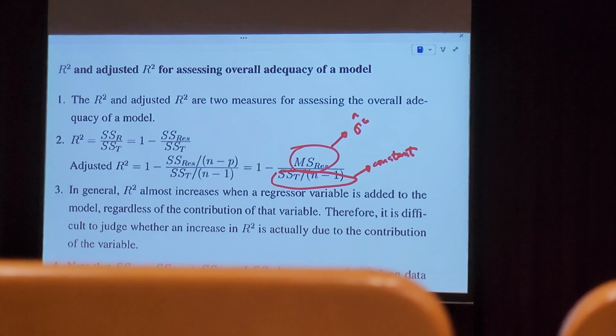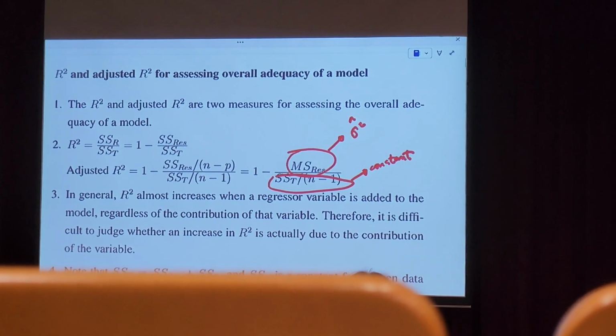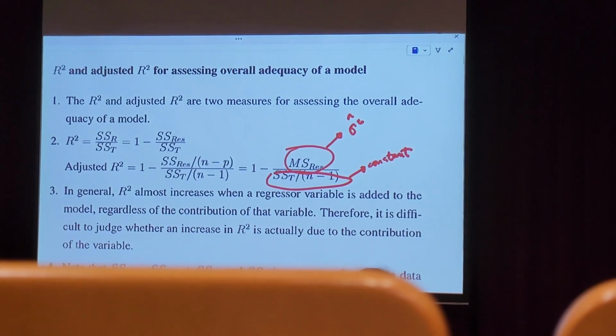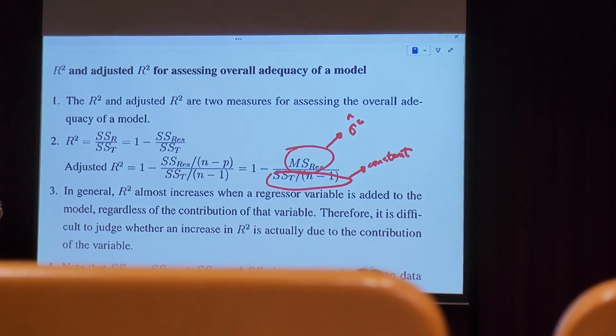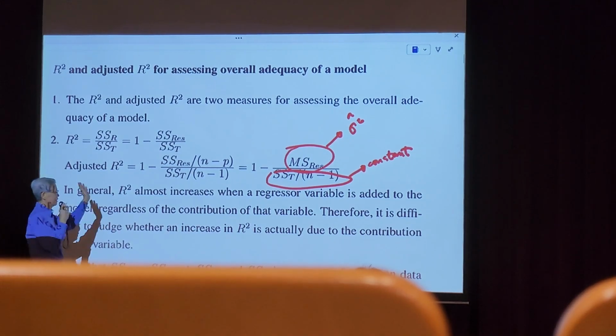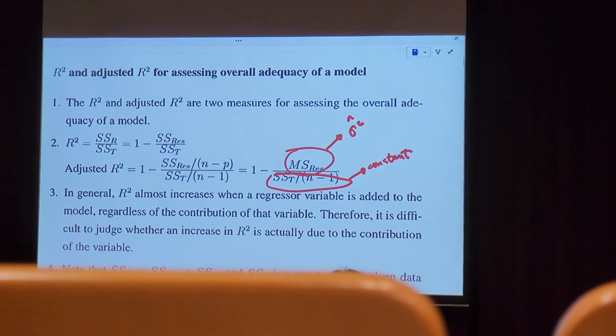If it has, then I think h to the power 3 is good. If I add h to the power 3, there's very little change in the mean square residue, then I think h to the power 3 is not a good idea.